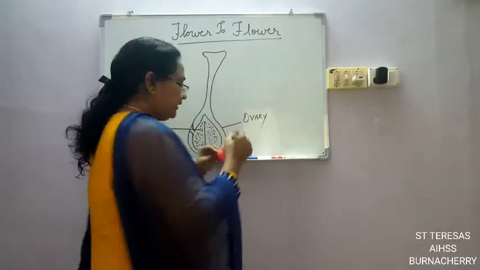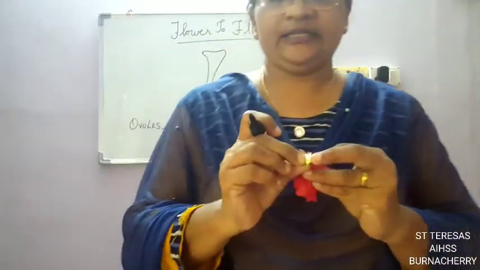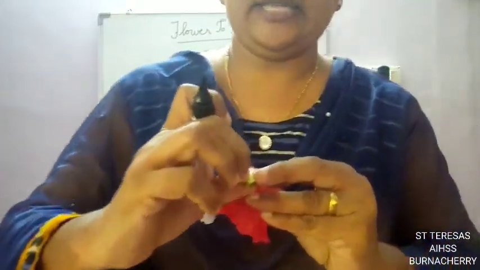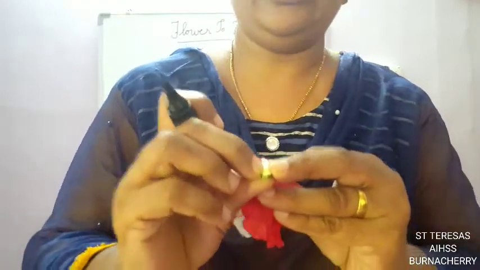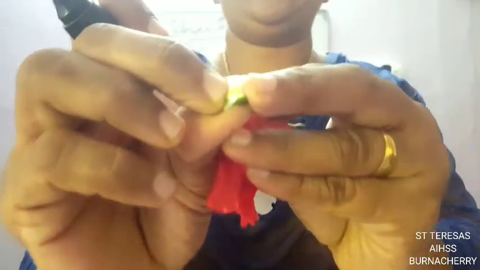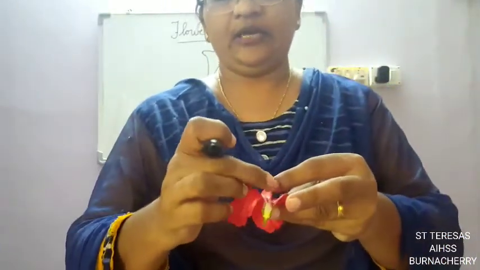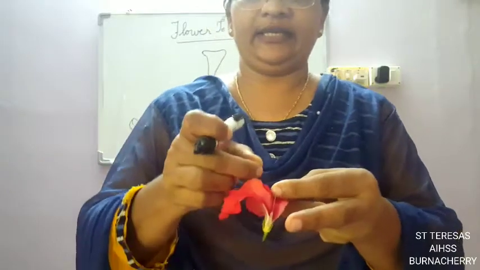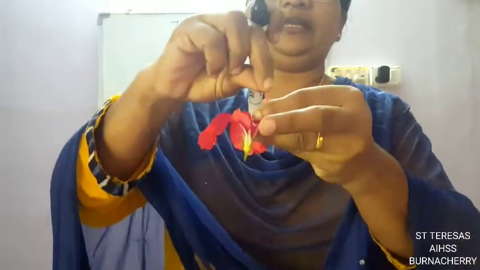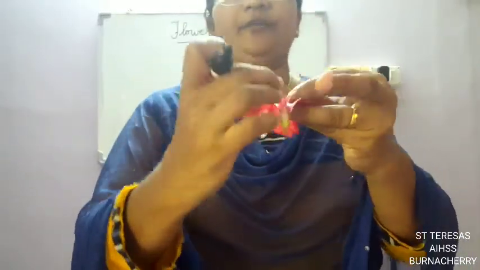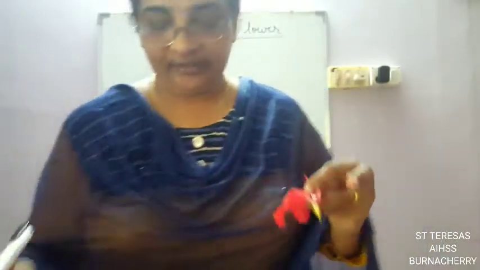So this round thing is the ovary, and inside you can see small things, isn't it? I am showing it close. I hope you can see. This is the ovule. Then you can see a long tube-like thing here, which starts from here and ends up till the ovary.